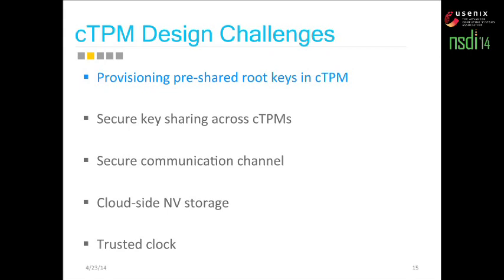Second, with these root keys, how do we design secure key sharing across cTPMs? We will see this requires a secure communication channel. And next, I will talk about details of this secure communication channel. Finally, with this secure communication channel, I will briefly talk about how we design cloud-side NV storage and trusted clock.